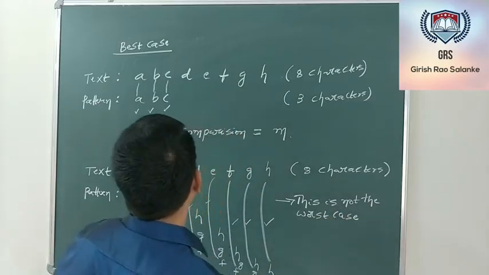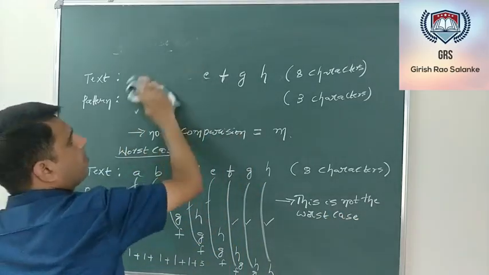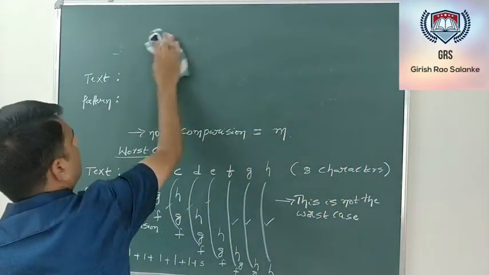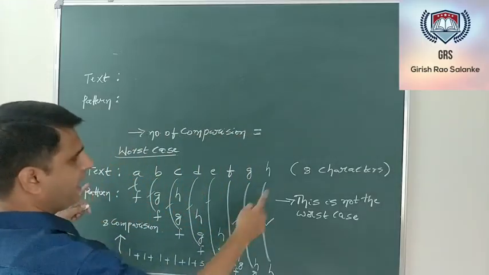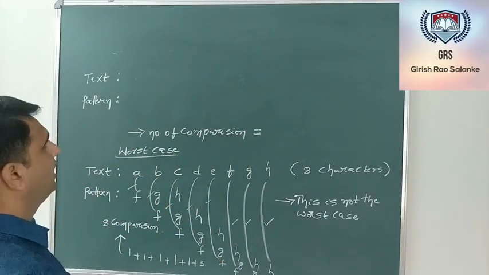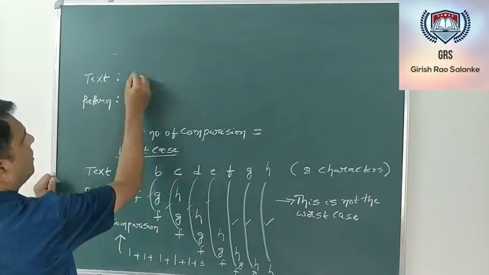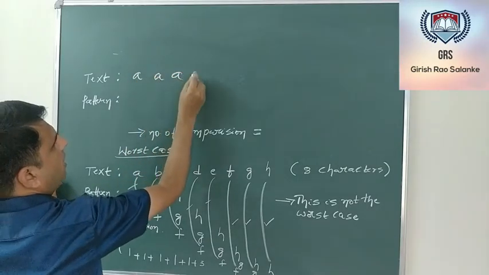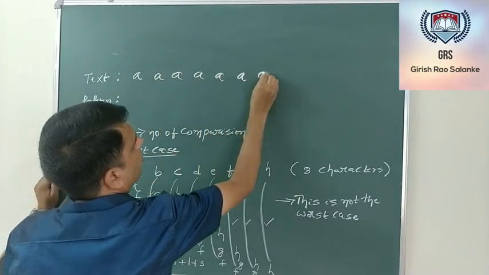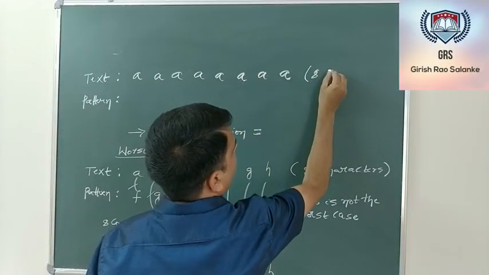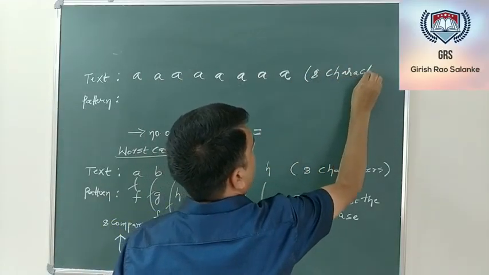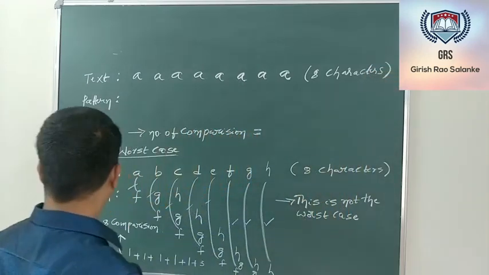Why? Because let me take one more example of the same. How many characters are there here? 8 characters. So this is 8 characters. And let me take my pattern.